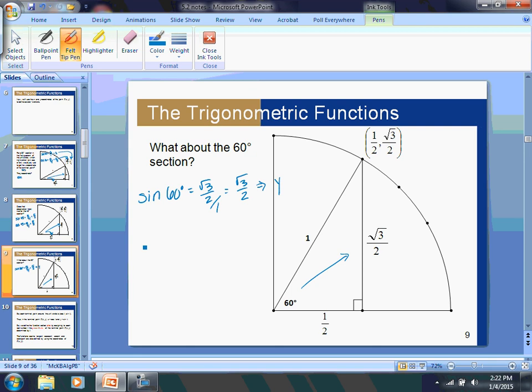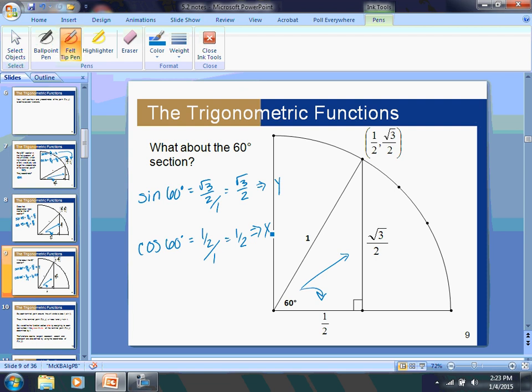Okay, so that was the same as what we got for the 30-degree. And now if I do cosine of 60, that's adjacent over hypotenuse. So 1/2 over 1, that's just a half. Hey, that's my x value. All right, so it looks like that observation is going to hold true.